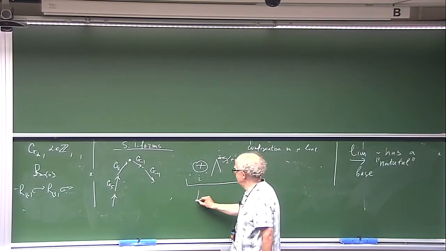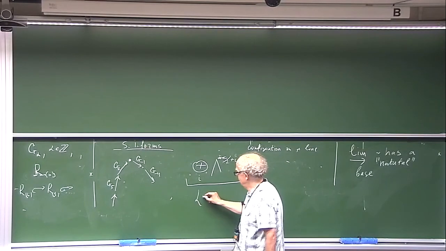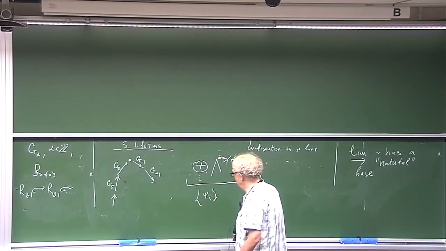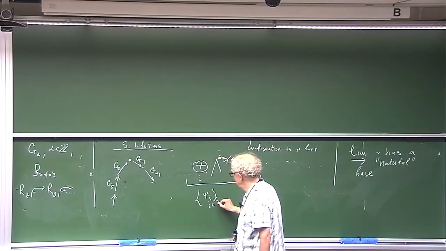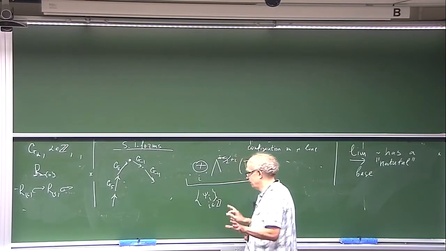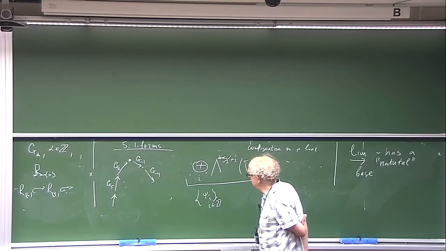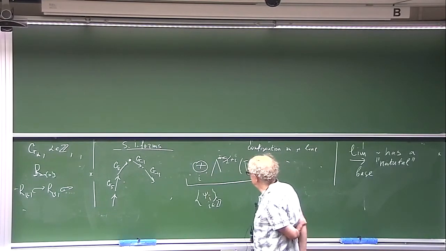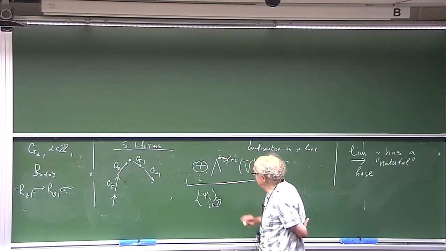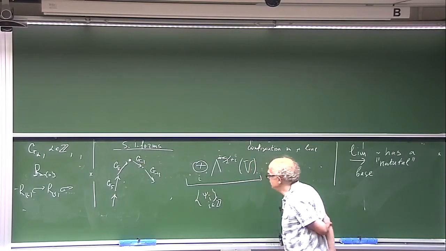So when I did this, my logic was the following. I start with a vector space with basis psi I. Then I suppose I belongs to Z. And then I make up some construction and so get this. But this construction gives us semi-infinite form.